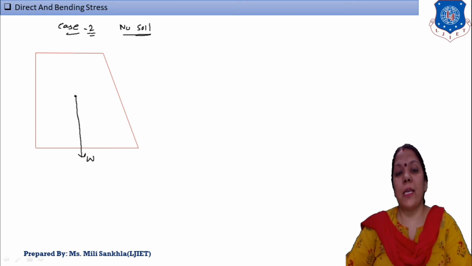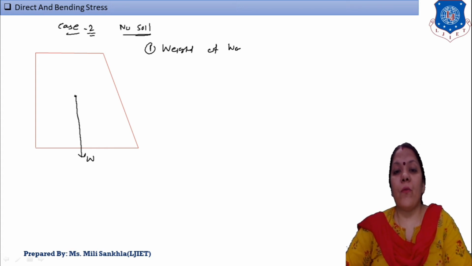Now for this case, first of all we find out W, because W means our weight of wall. Weight of wall, capital W, we already found out because the dimension of the retaining wall is not changed.